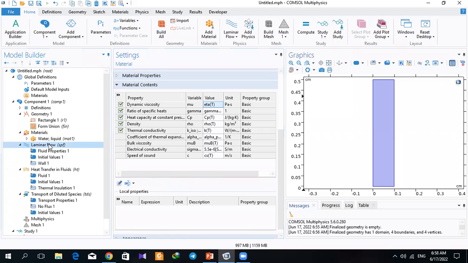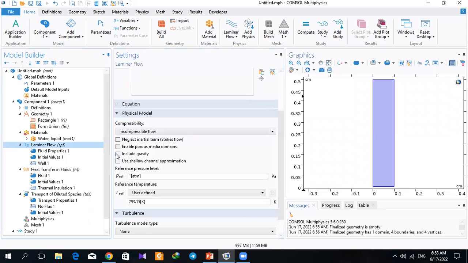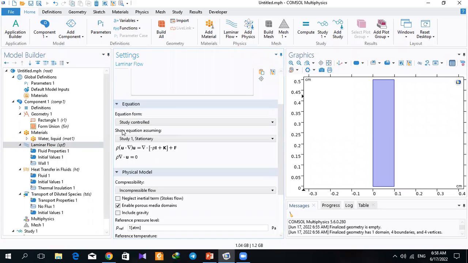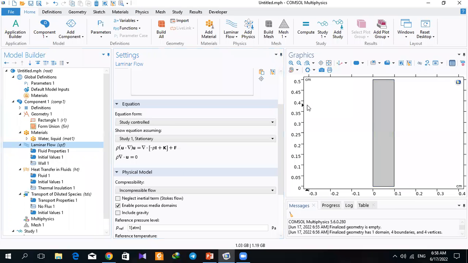Here I defined the laminar flow. But I have a porous domain reactor. I can enable porous media domain. Here you can see Navier-Stokes equation. You see that here is inertial, and here is viscous term. Here is external force. But since I activated porous media, I right-click on laminar flow and I select fluid and matrix properties.